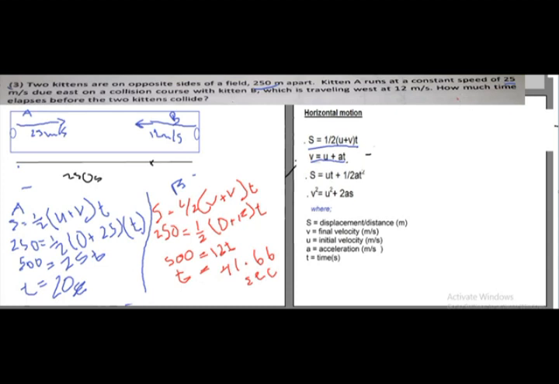Now the question asks, how much time elapsed before the two kittens collide?